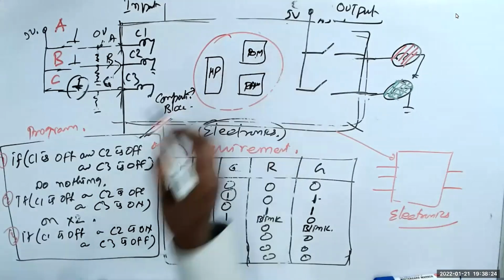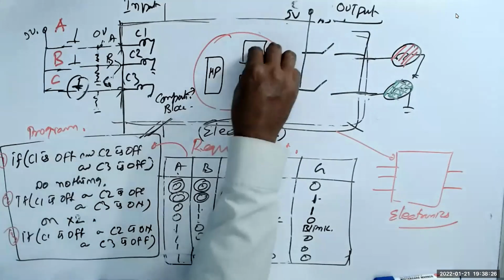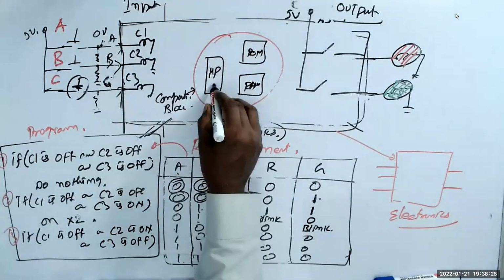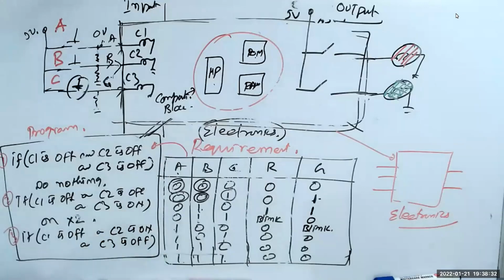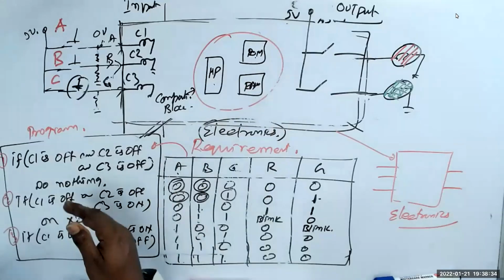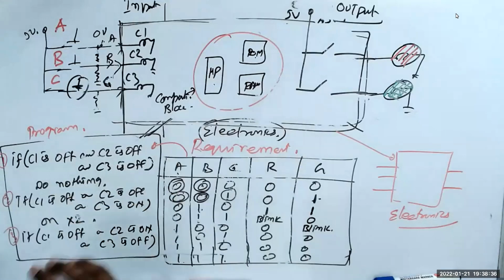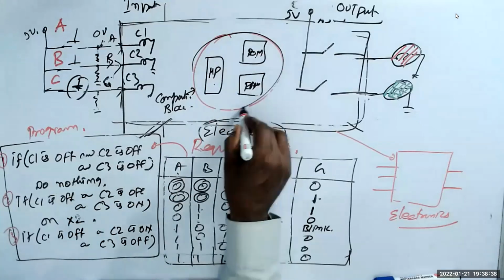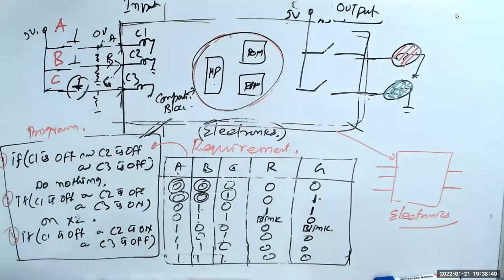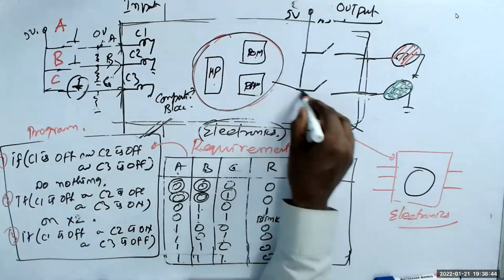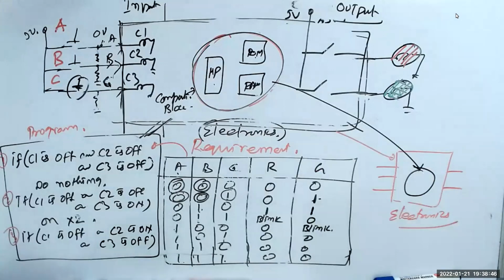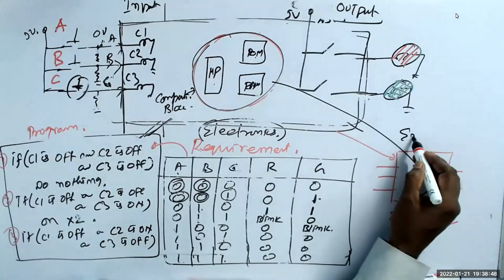The ROM is to store your program, and the microprocessor is to execute your code, and the RAM is to store your variables. You have so many variables you will be using while programming. The variables are stored in RAM. So this is called the computing block. So what happened was, they put a computer inside the electronics. That field is called embedded.